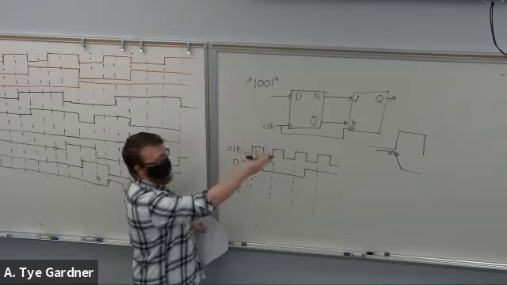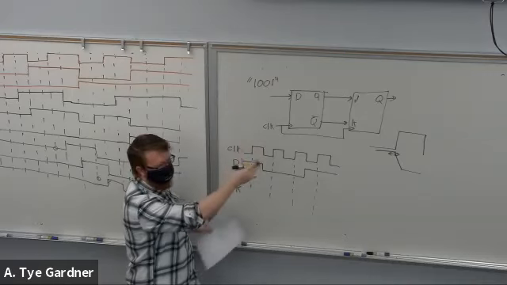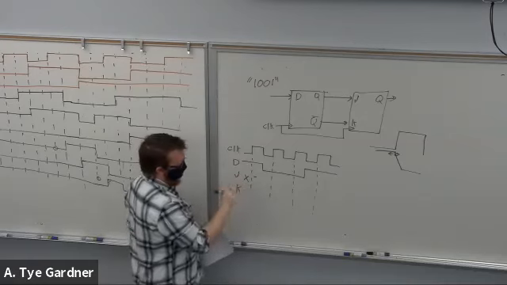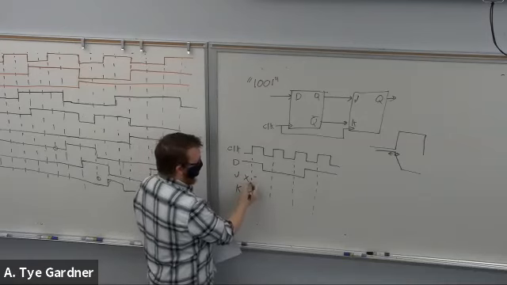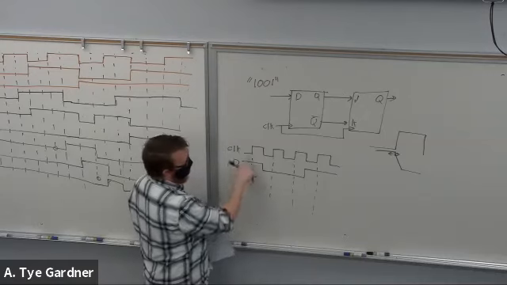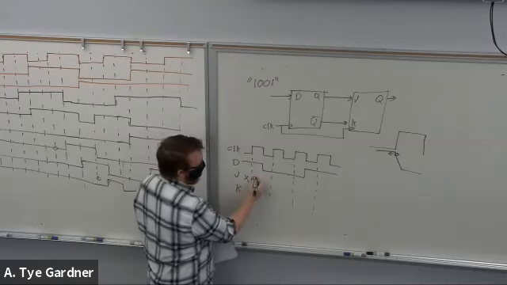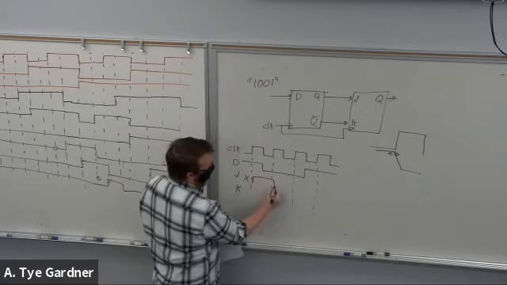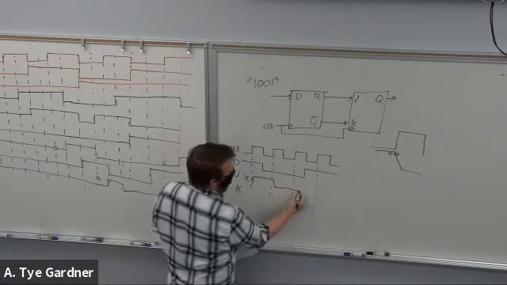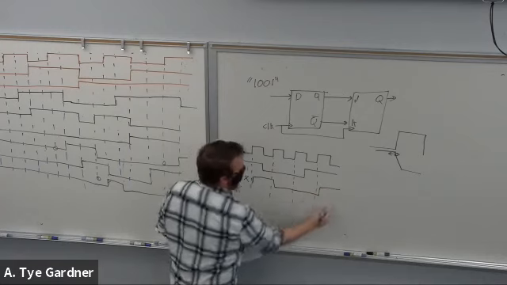because if I haven't given you clock to Q delay or setup time, whatever they are, it helps students generally to give it a little bit of a delay. So there's a little bit of unknown here, and then it becomes a 1. A little bit of delay becomes 0, a little bit of delay still 0, little delay becomes 1.